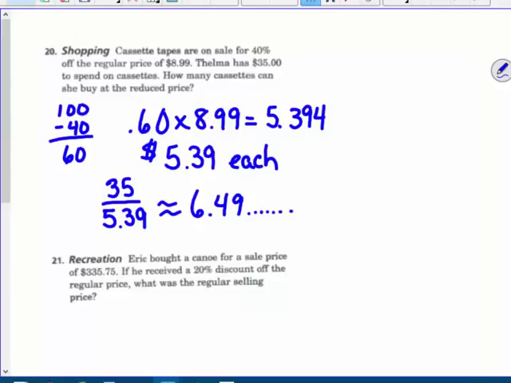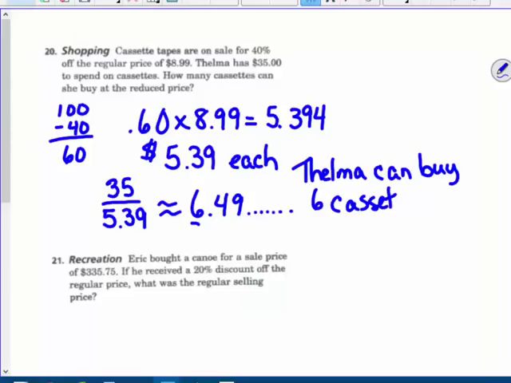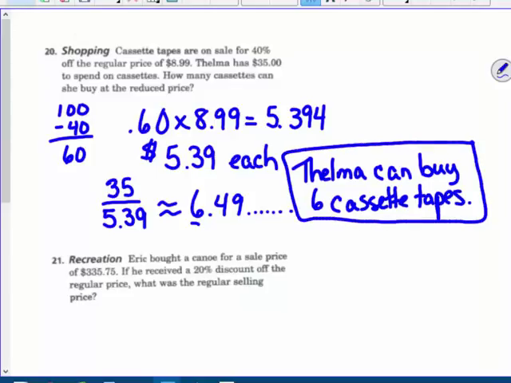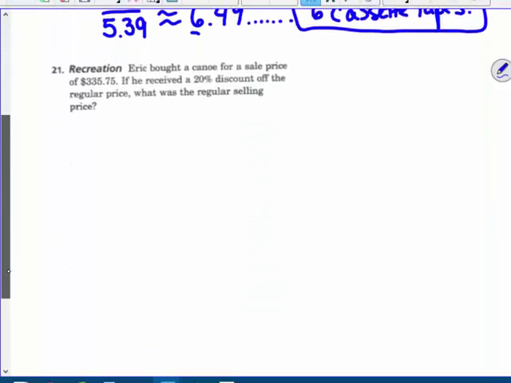So she can't buy half of a cassette, so she can only buy 6 whole cassettes. So Thelma can't buy 6.5 of them or 6 and 49 hundredths of them. She can buy 6 cassette tapes. Now that's a word problem, so yes, I'm going to use a full sentence answer, and I answered the question that was being asked. Sentence answer box label.